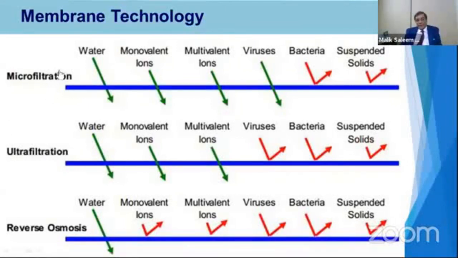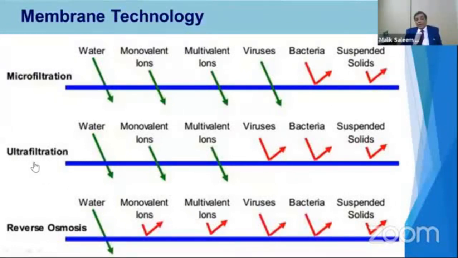It will pass the water molecule. It will pass the monovalent ions, like sodium and potassium. Multivalent ions will pass. It means all TDS will pass. Viruses will also pass. Only the bacteria and the suspended solids will be rejected. They will go in the reject stream.